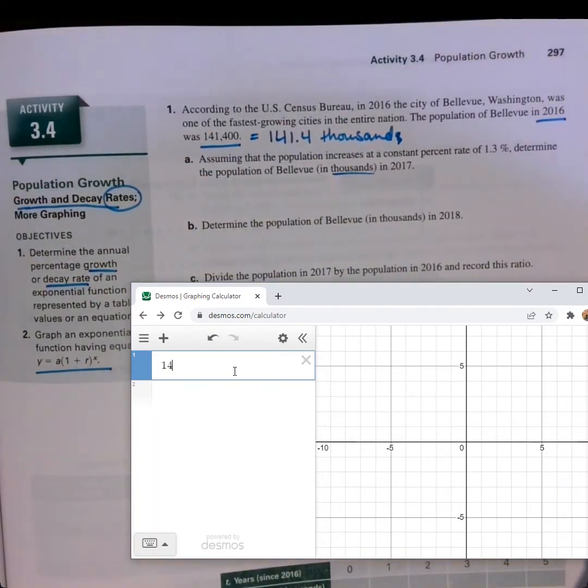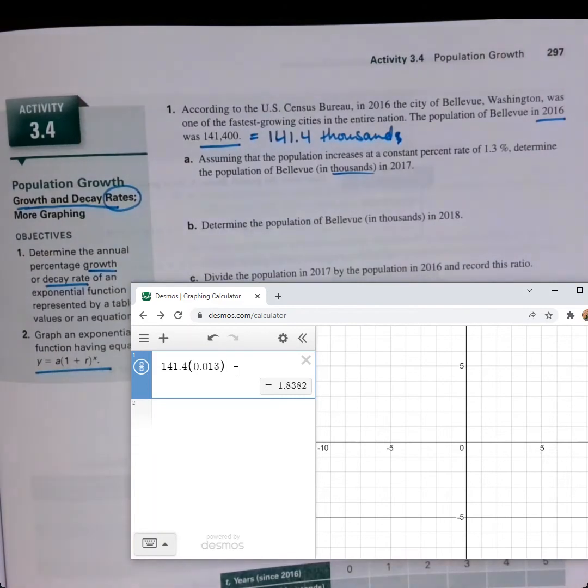So I'm starting off at 141.4 thousand times 0.013, since 1% is 0.01. And that means I'm going to increase by an additional 1.8382 thousand.